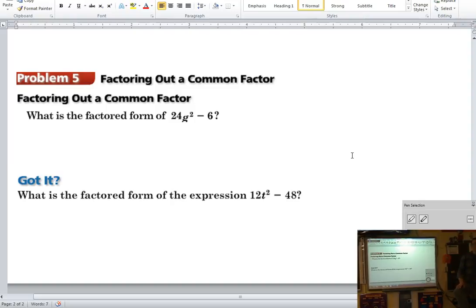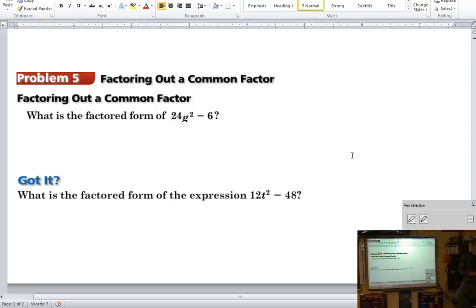So let's wrap this up, because then we'll still finish early. What's the factor form of 24g squared minus 6? Just like any of our polynomials, if we can make it easier before we start, why not go ahead and do it?